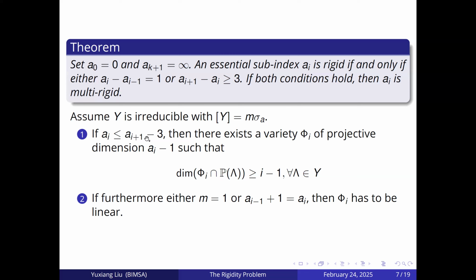Using the argument from step 1, we will have the same phi for these sublocals. And that would lead to the condition that phi Y is contained in the tangent space of phi at this point, and therefore phi has to be a linear space.